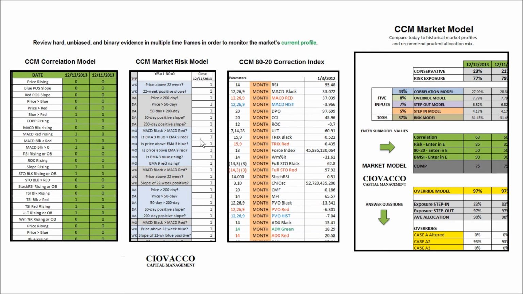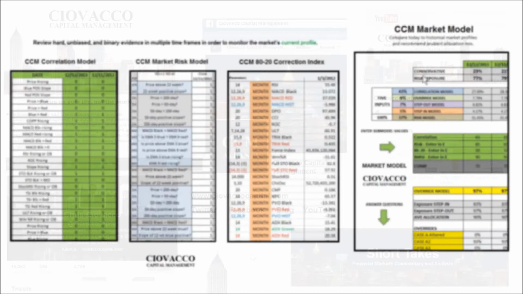The submodels allow us to get a handle on the market's current profile, and the master CCM market model then looks at the current profile, compares it to past profiles, and recommends a prudent allocation between risk assets such as stocks and conservative assets such as bonds.